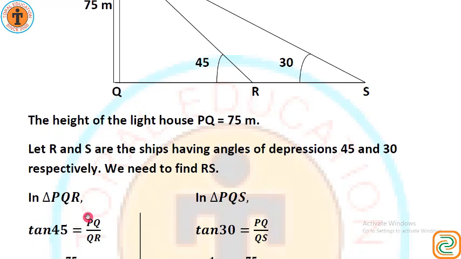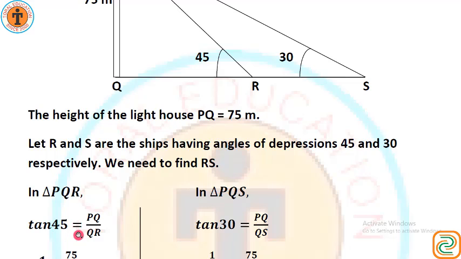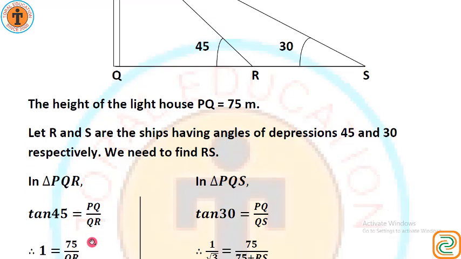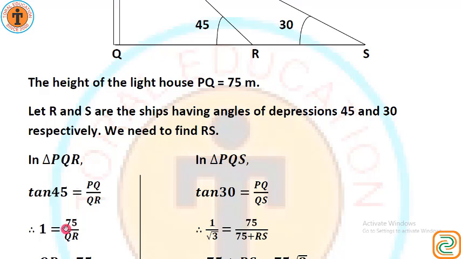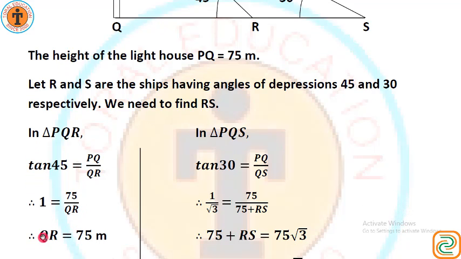So in PQR, tan 45 equals PQ upon QR, that is 1 equals 75 upon QR, so QR equals 75. Similarly in PQS, tan 30 equals PQ upon QS. PQ is 75 and tan 30 is 1 upon root 3, and QS is 75 plus RS.